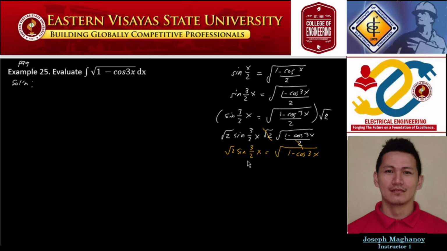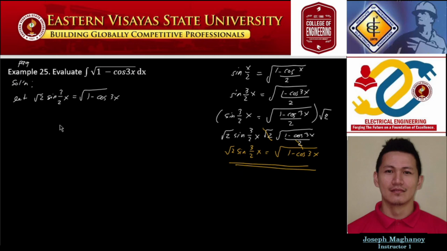So we utilize this trigonometric relation. We let the square root of 2 sine 3 over 2x equal to our radical 1 minus cosine 3x. So we replace this with our new variable. This is our new variable, square root of 2 sine 3 over 2x.